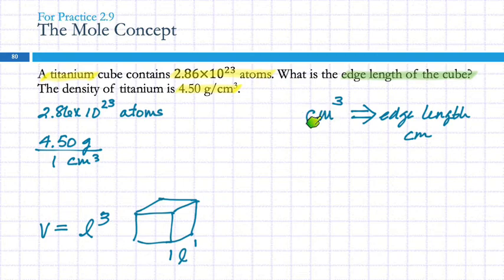Here, I'm trying to get to cubic centimeters, so what I want to get to right before that is grams. And then I can do this with the density. And from atoms, I'll go to moles and then to grams. So I'm going to find the volume using dimensional analysis, and then I'm going to use this equation to find the edge length.